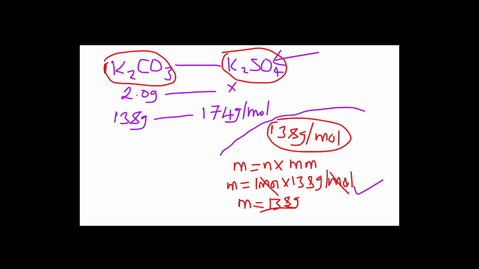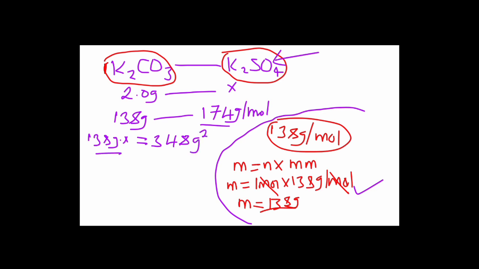Now, what are you going to do here? We are going to cross multiply. You will find that we are going to have 138 grams times x equals 2 times 174. You will find that the value will be 348 grams squared.